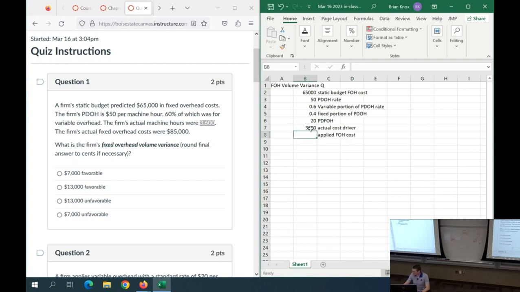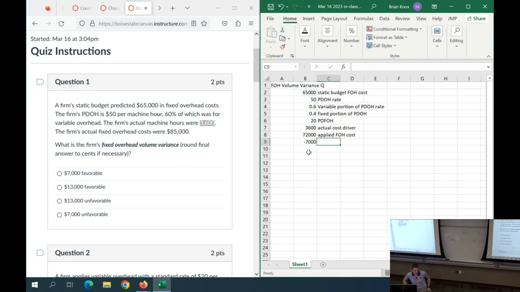So we can multiply that 3,600 machine hours times the $20 per machine hour of fixed overhead costs we're applying to figure out how much applied overhead costs we have. So we have 72,000 applied overhead. All right, so the volume variance is going to be the difference between those two. 65,000 minus 72,000, which is going to be $7,000.